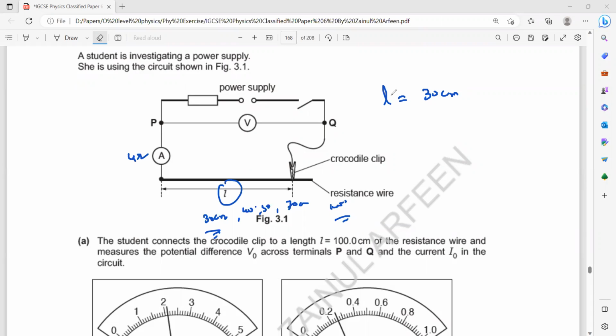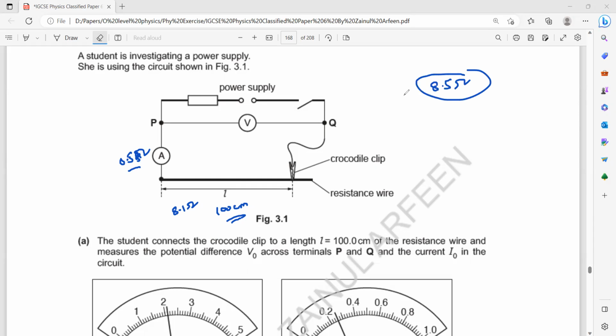Look, when I was using 100 centimeter, the resistance was 8.1. And if, for example, the ammeter had a resistance of 0.5, and the total resistance of the 100 centimeter length is 8.1, what is the combined resistance of the circuit? It is 8.5.